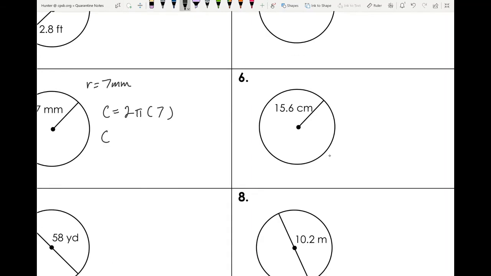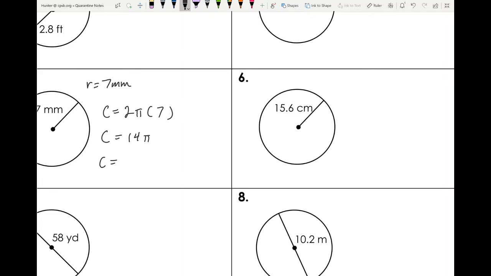To get an actual approximation for this, you're going to plug 14 times pi into your calculator. There should be a pi button on your calculator.